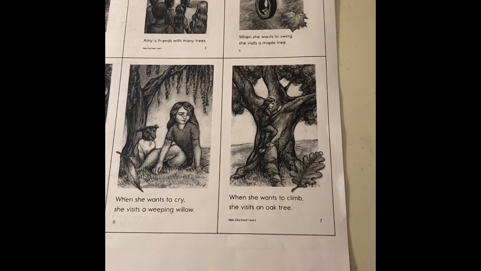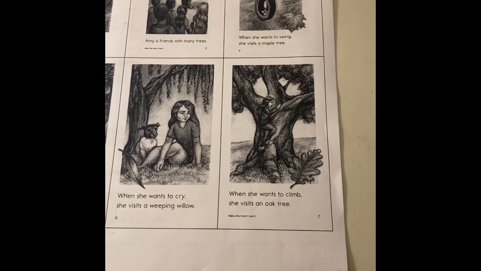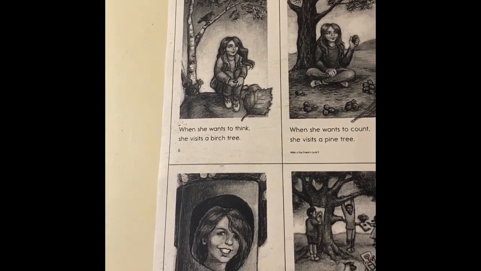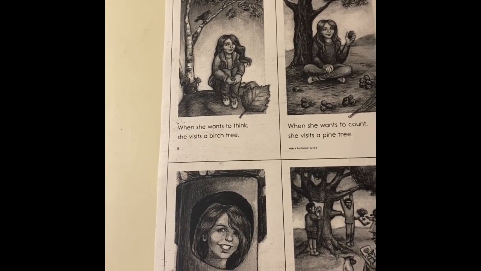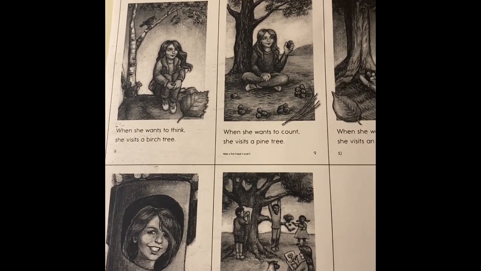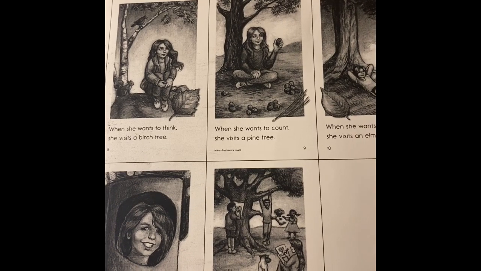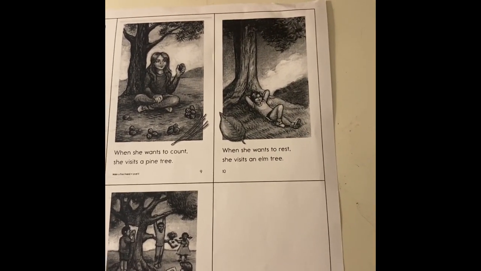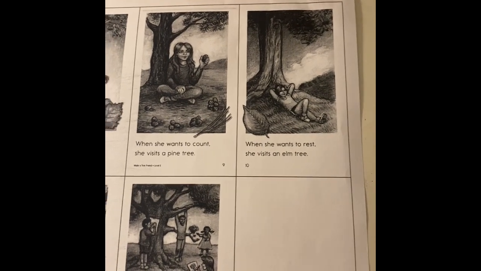When she wants to climb, she visits an oak tree. When she wants to think, she visits a birch tree. When she wants to count, she visits a pine tree. When she wants to rest, she visits an elm tree.